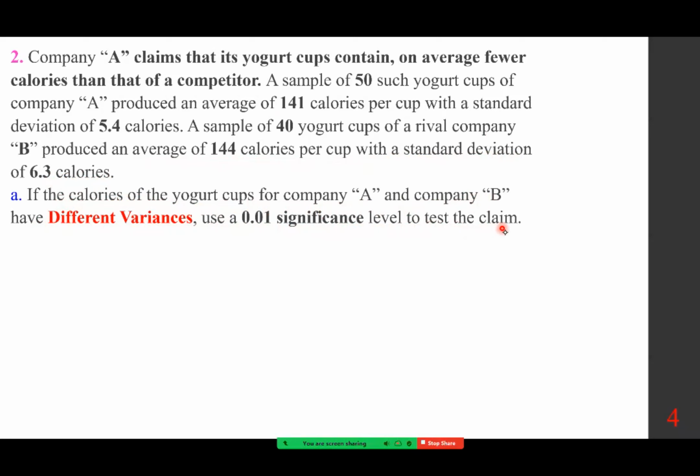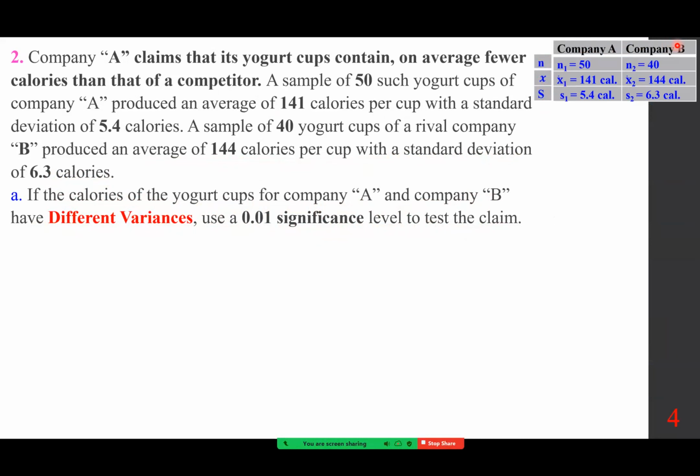Excellent. So let's see what we have. Here's the given: n, x bar, and s for Company A and Company B. For the first company, Company A, n sub 1 is 50, x bar sub 1 is 141, that's the average number of calories, with a standard deviation s sub 1 of 5.4.